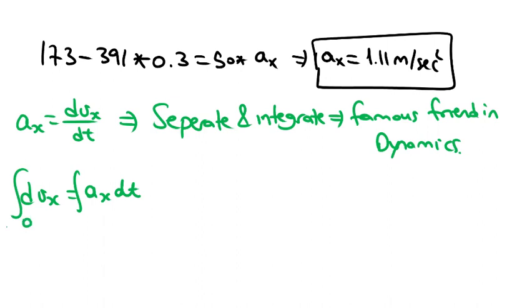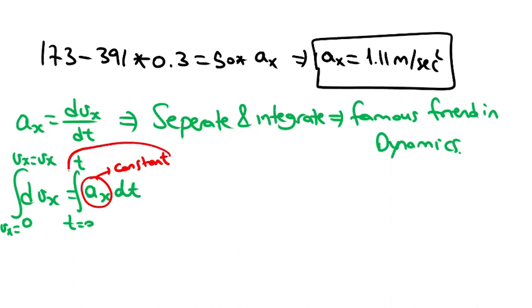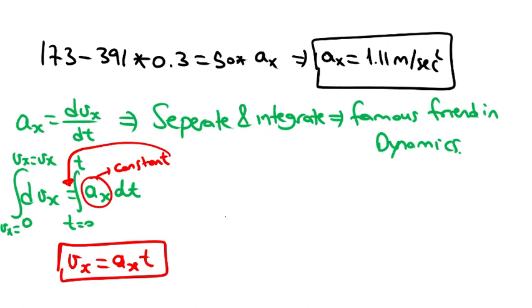Then from 0, because the initial velocity is 0 at time 0, to time t, and velocity is vx, and ax is constant, so I can take it out. It follows that vx is ax times t. Very simple relationship, so vx versus time t is linear.